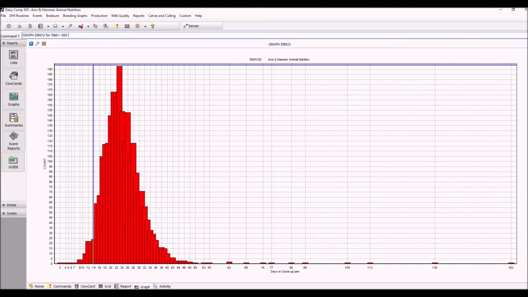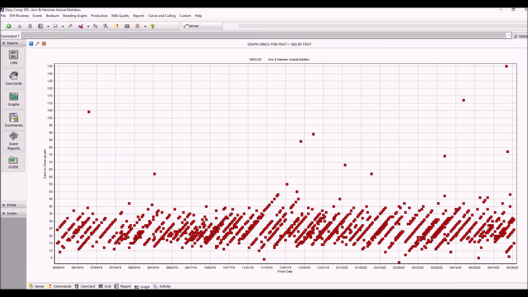So now we're going to say by fresh date. The reason I'm doing this is because I want to obtain a scatter graph out of this command to see the distribution and how the data is being entered and how the cows are moving into the close-up pen. So if I hit enter, this is the kind of graph I'm going to get.